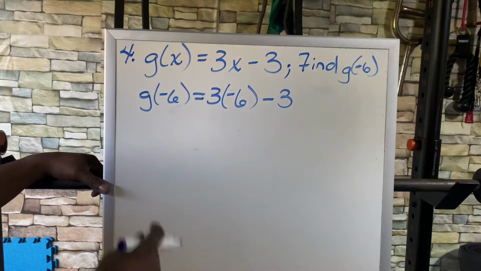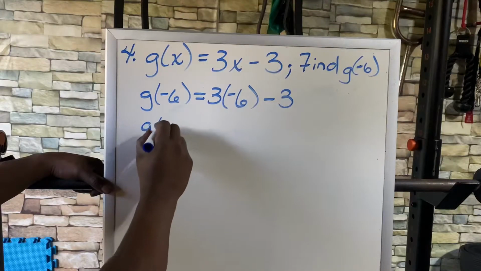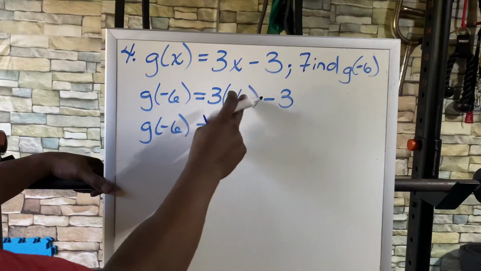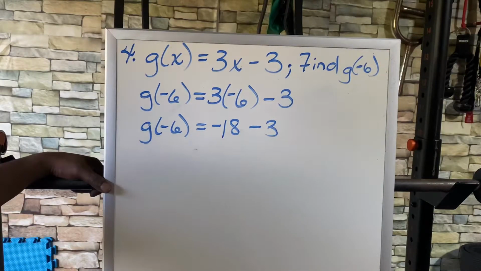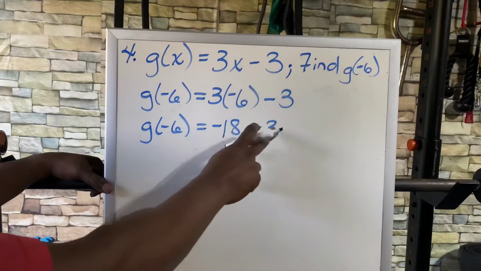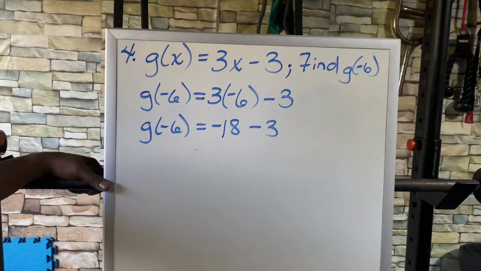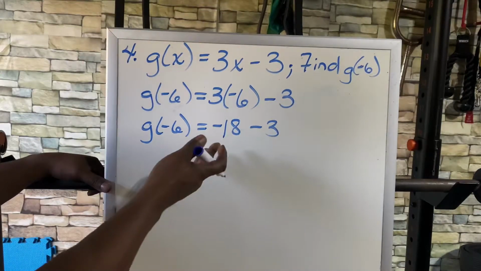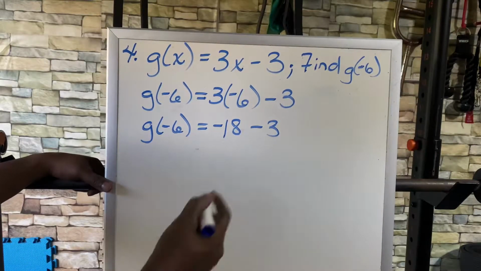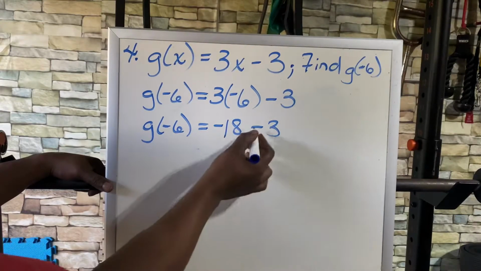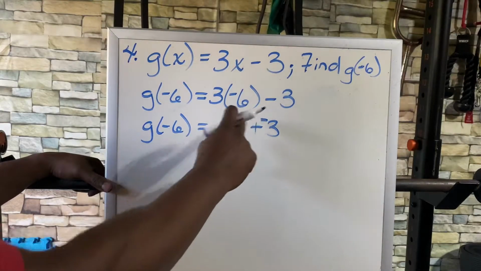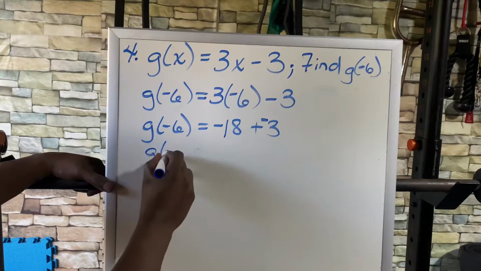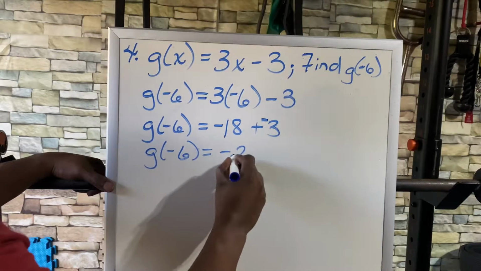Day 1 stuff. G of negative 6 equals 3 times negative 6, which is negative 18, minus 3. Minus 3 is the same as negative 3, because of the keep, change, change rule: we keep negative 18, change the subtraction to a plus, change the positive to a negative. So now we have negative 18 plus negative 3, which is negative 21.